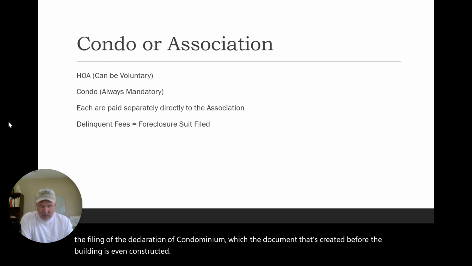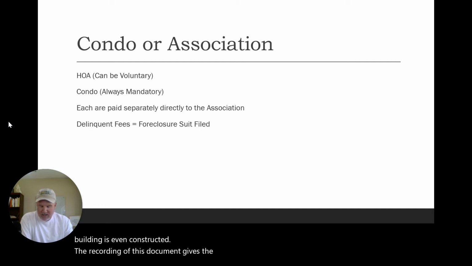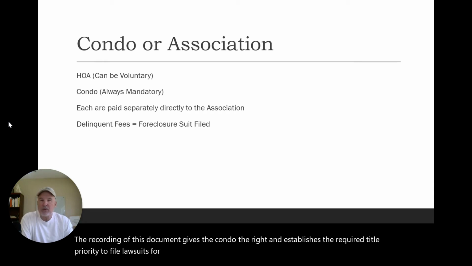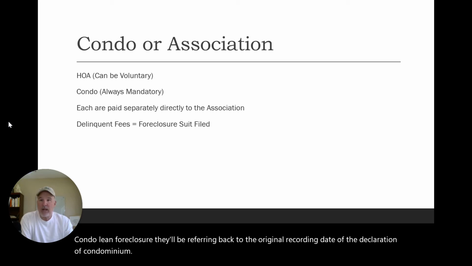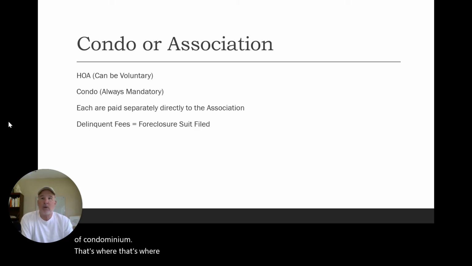The recording of this document gives the condo association the right and establishes the required title priority to file lawsuits for uncollected condo dues and fees. So in a condo lien foreclosure, they'll refer back to the original recording date of the Declaration of Condominium. That's where their priority begins.